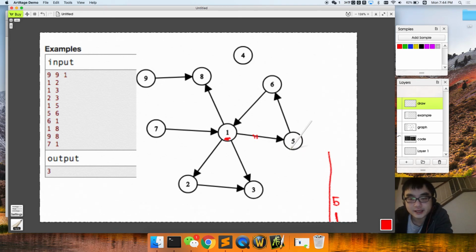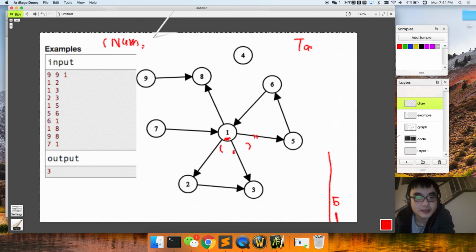right? And before we move on to calculate the Tarjan algorithm, we are going to have two features for each node. Let's write it down here. The first one is number, and the second one is low link.